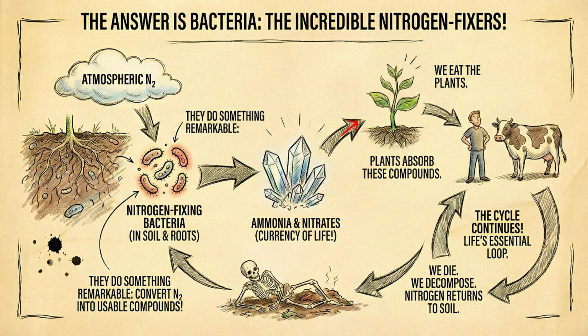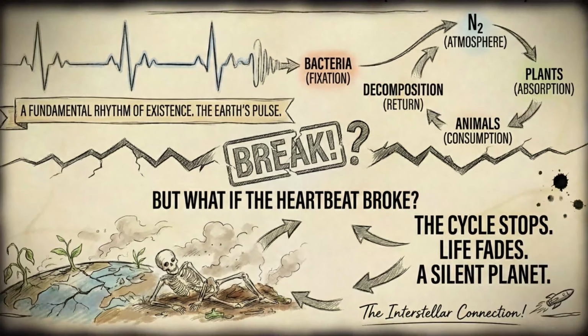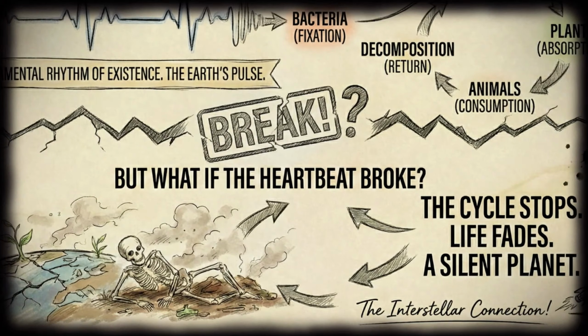Plants absorb these compounds, we eat the plants, we die, we decompose, the nitrogen goes back to soil, the cycle continues. For billions of years, this cycle has been the heartbeat of life on Earth. It's the most fundamental rhythm of existence. But what if something broke that heartbeat?